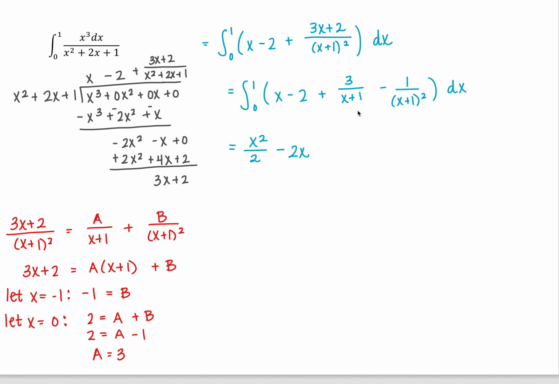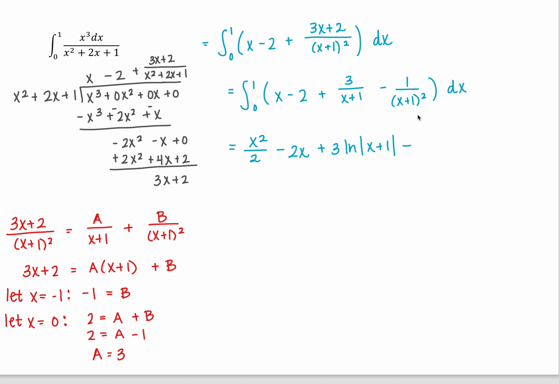Then it'll be minus 2x when I integrate that. Moving here to the first fraction, since that x plus 1 is to the first power in the denominator, we're going to have the natural log. So it's going to be 3 times the natural log of the absolute value of x plus 1. For the last one here, let me go ahead and write the minus. I've got x plus 1 squared in the denominator, so that would be x plus 1 to the negative second.